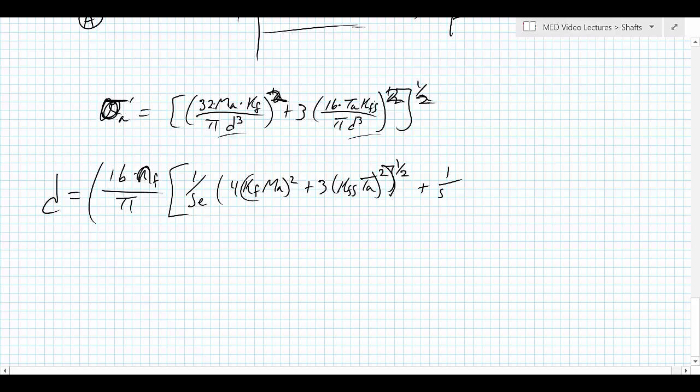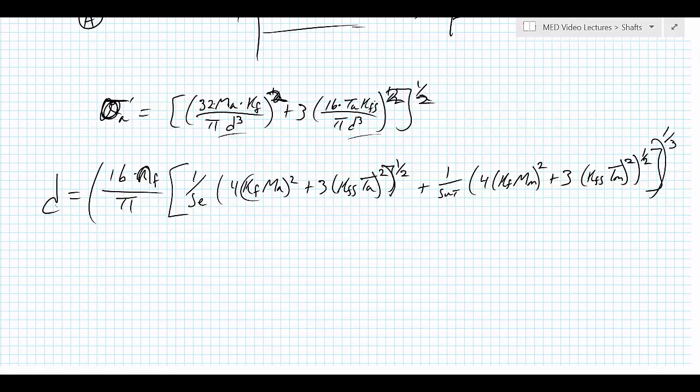So we need 1 over the ultimate strength times the same formulation, except now we are talking about the mean stress and then the shear stress. And then of course the d's were all cubed, so at the end we're going to have 1/3 of all of that, the cubic root of all of that.